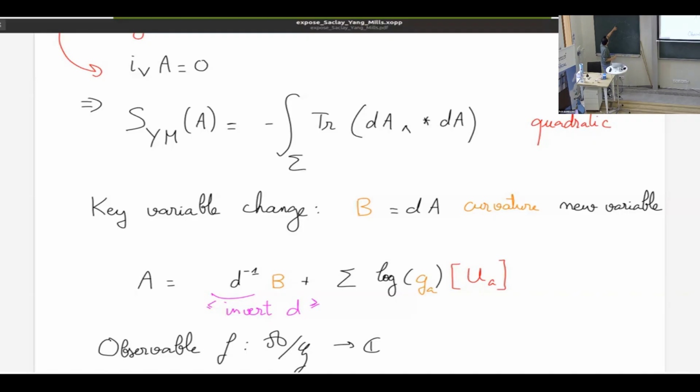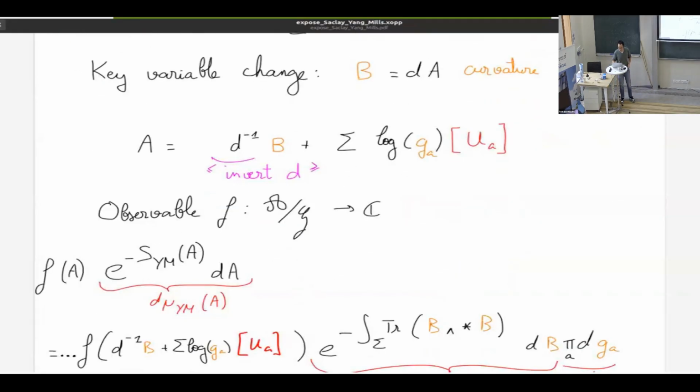And you will write your connection A in terms of B. So formally, A is the d minus 1 of B plus the topological correction, the sum over log of g_a, Lie algebra elements where a runs over the critical points, the saddle points of your Morse function, times certain delta distributions carried by unstable curves.